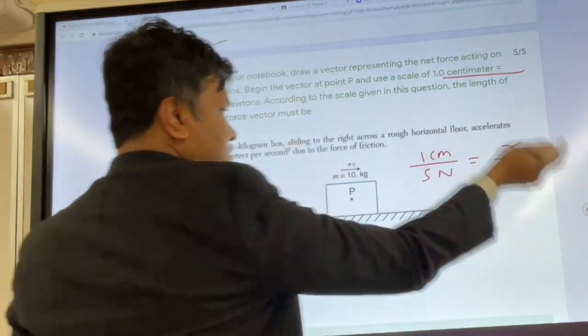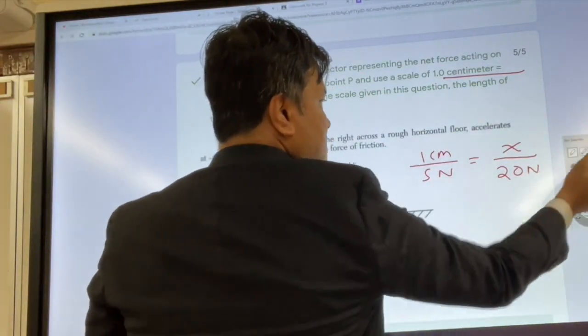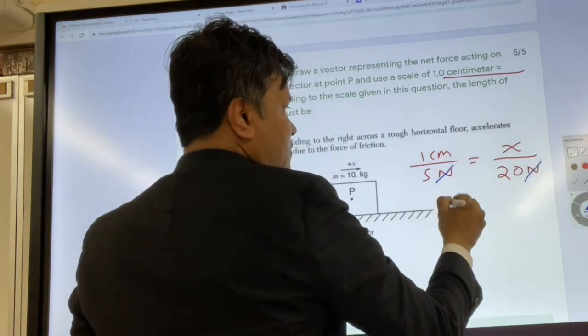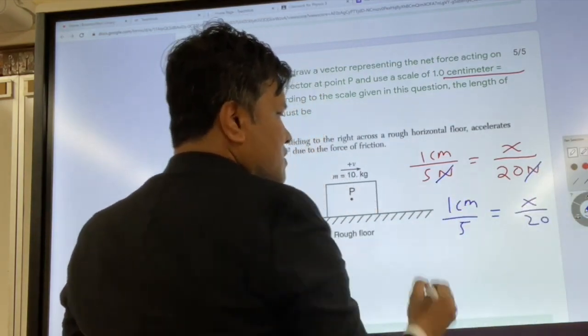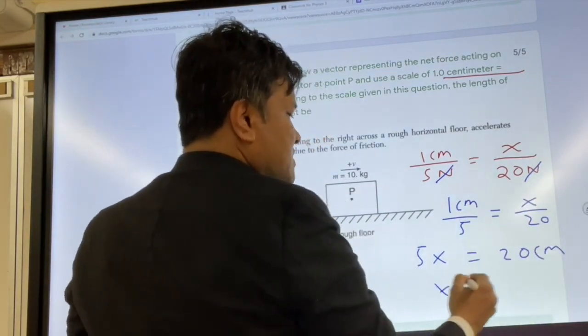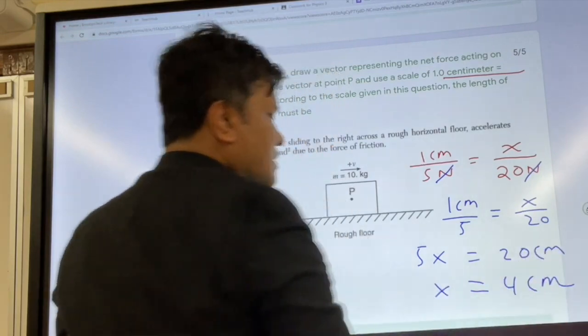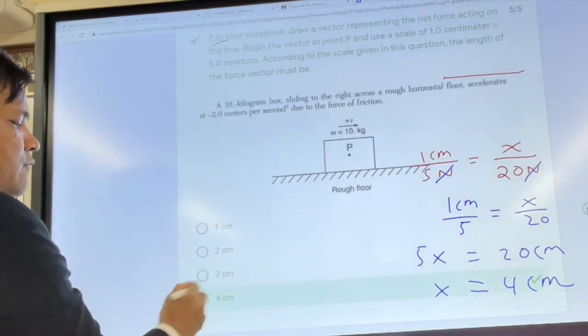We did 20 Newton in the previous problem. So the Newtons cancel. I have 1 centimeter over 5 is equal to x over 20. So 5x is equal to 20 centimeters, so x is equal to 4 centimeters. So the answer to this question is 4.